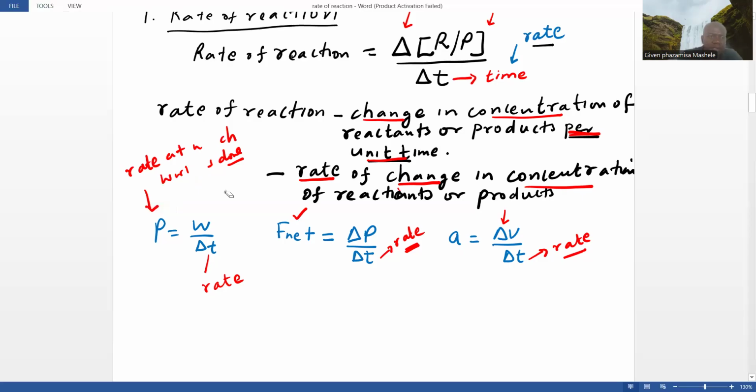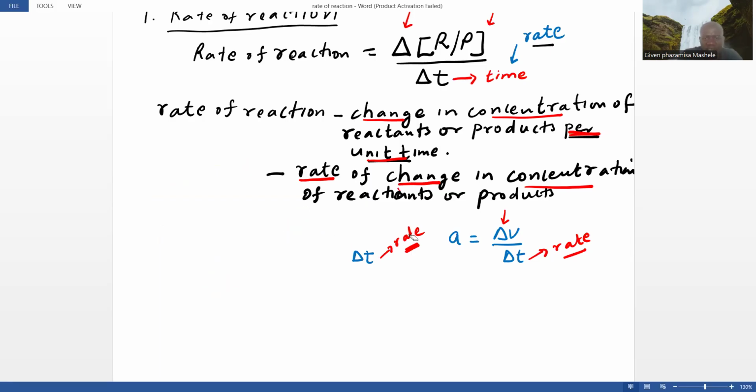All right. And then now let's move on. So now we defined what is the rate of reaction. Now we can move on to the second learning outcome.